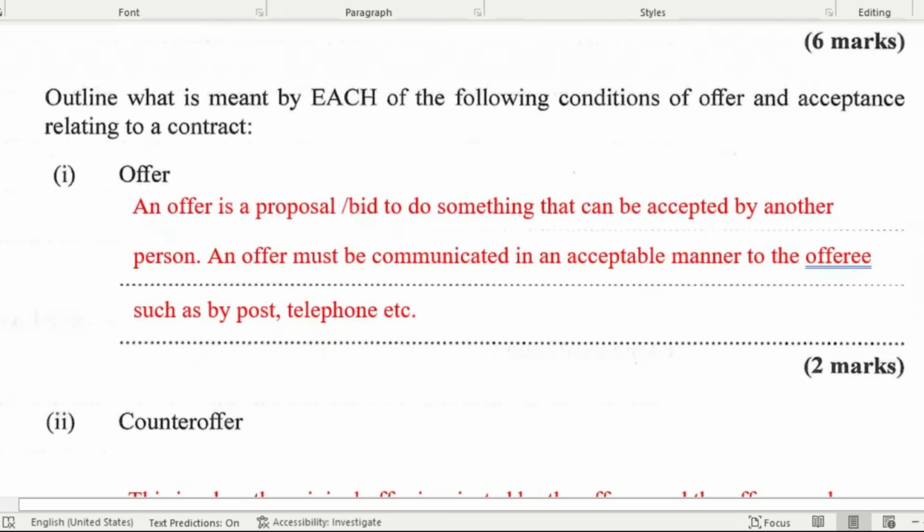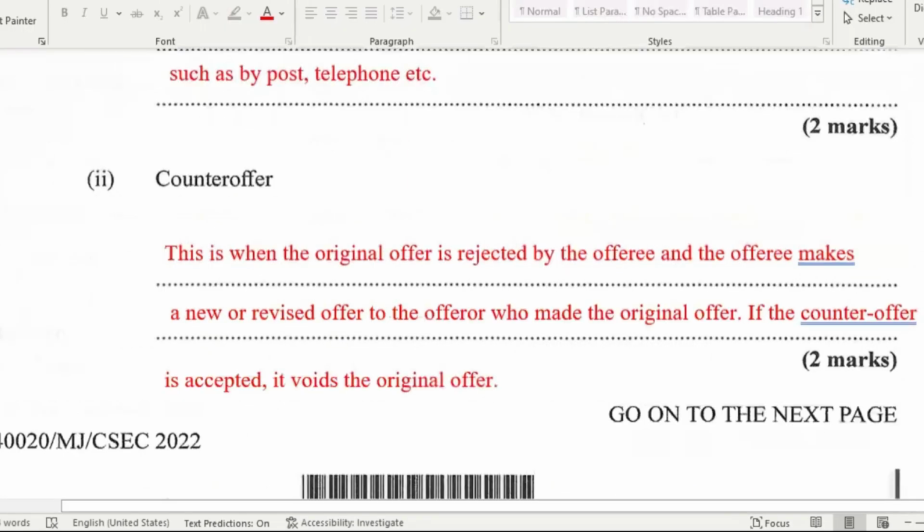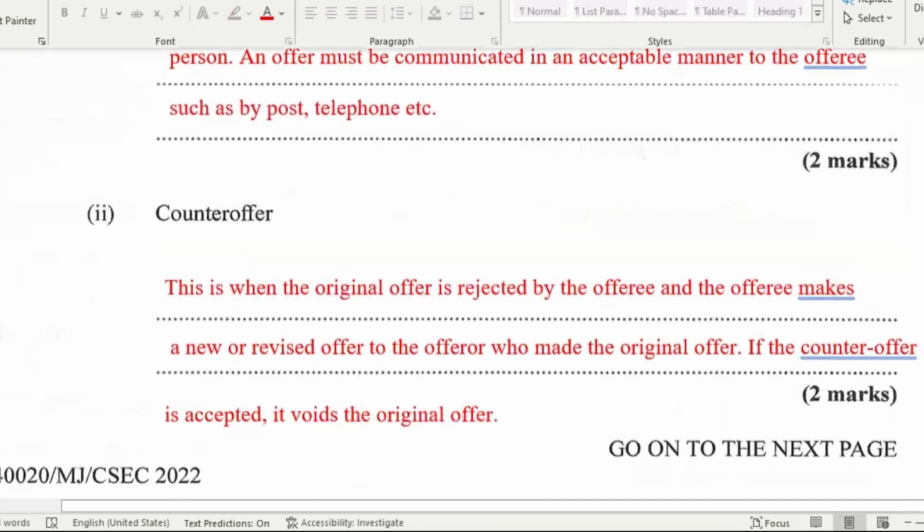What's a counter offer? Test yourself to see if you know the answer. All right, so let's look at the answer.